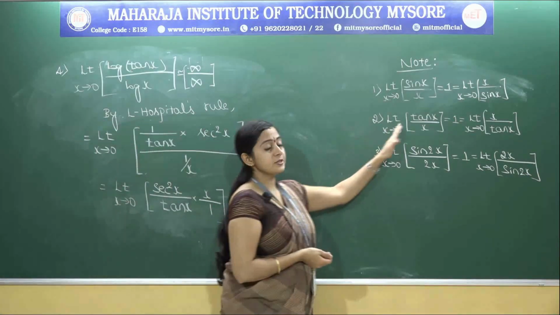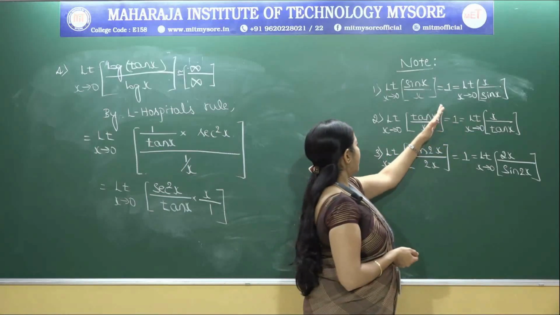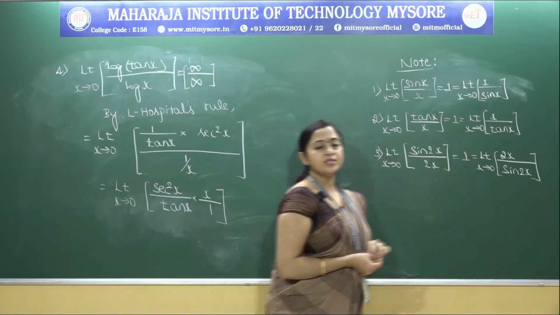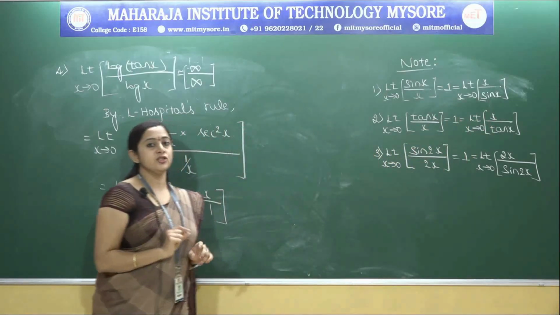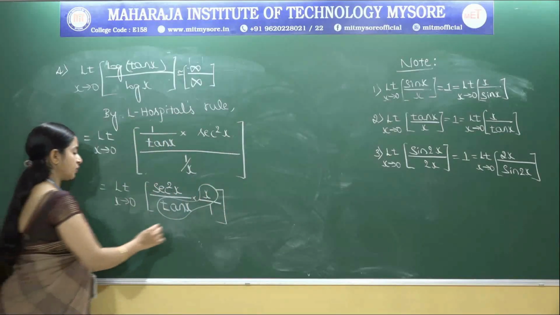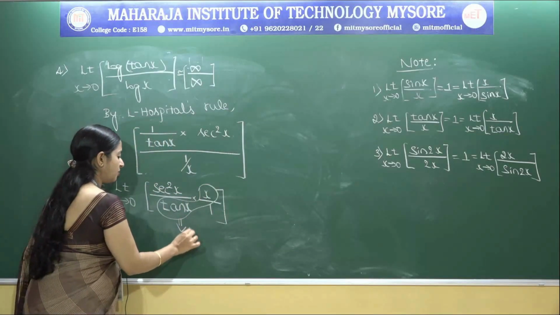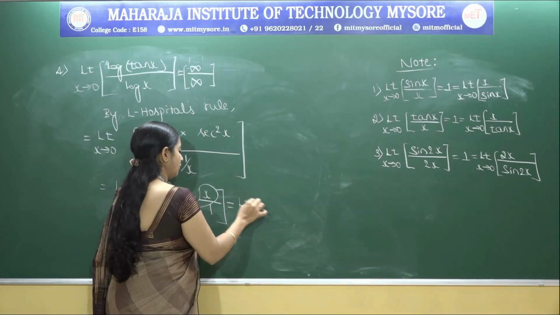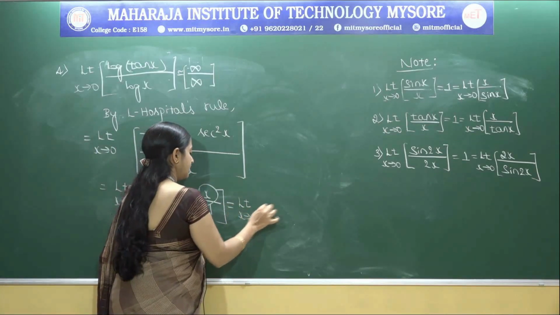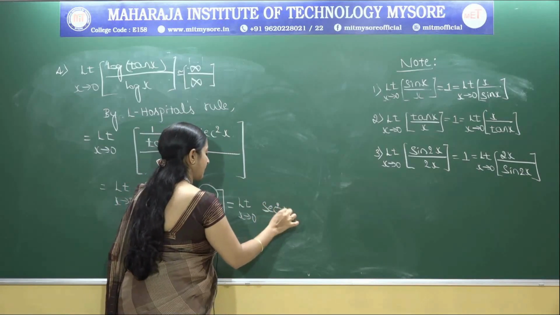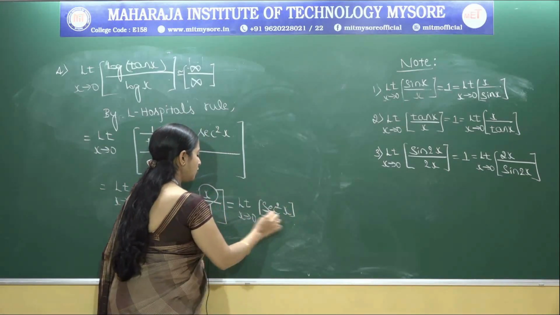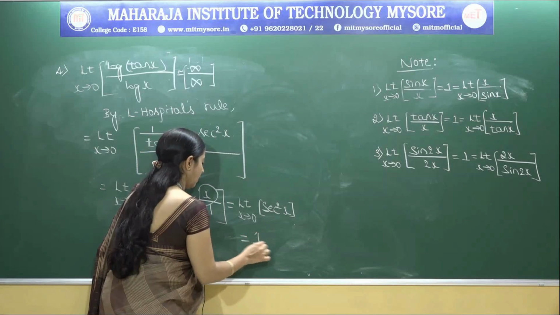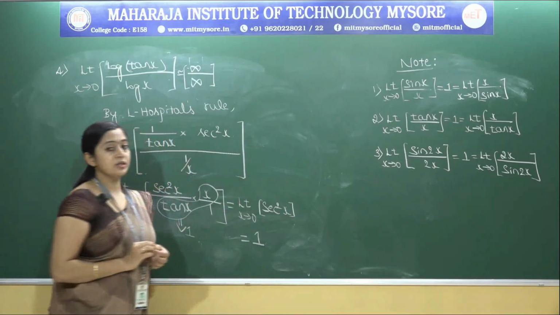Then using this property, that is tan x by x or x by tan x, for the limit x tends to 0, you can write the term as 1. So this term equals 1. The remaining term is the limit of x tends to 0, secant square x. You know secant square 0 equals 1. So the answer equals 1.